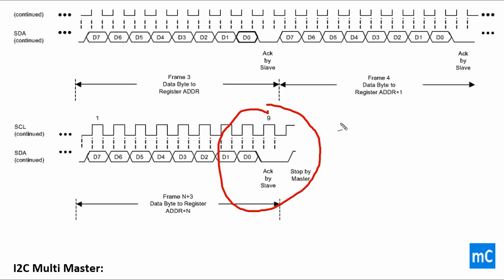This is how the data transfer happens from a single master to multiple slaves.